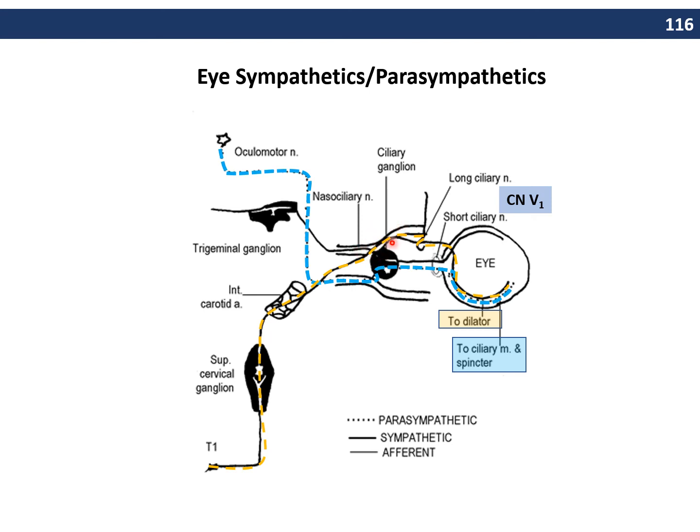And so you see here that the long ciliary nerves, which are part of the first division of the trigeminal, distribute the sympathetics to the dilator pupillae muscle.